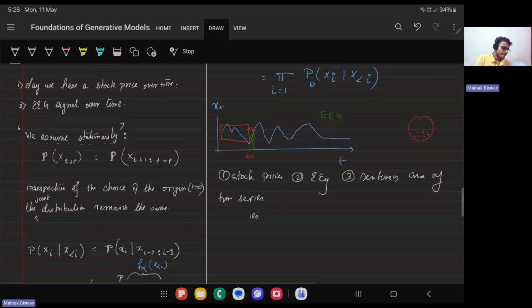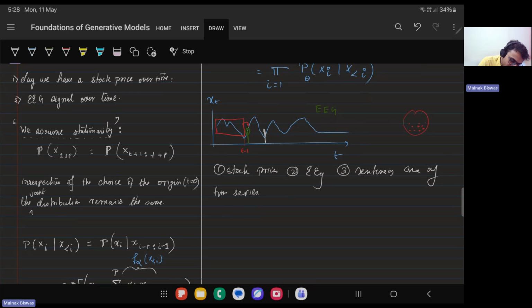So what will I do? I'll say that this EEG is stationary. That is, if I start from T0 and model up to T0 plus P, this is the same as modeling from Ti to Ti plus P. So irrespective of where you start from, the joint distribution remains the same.